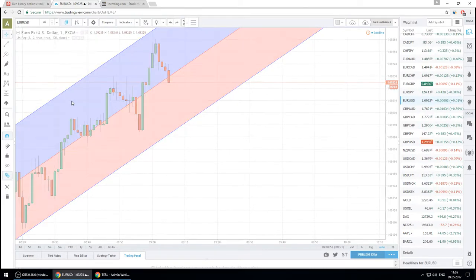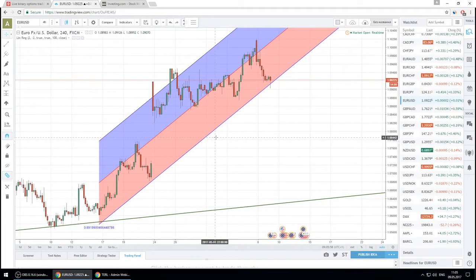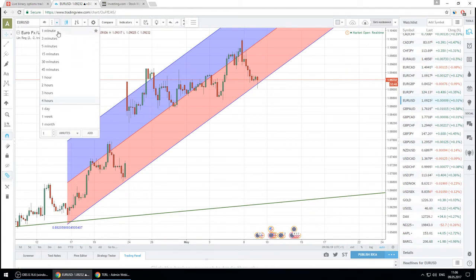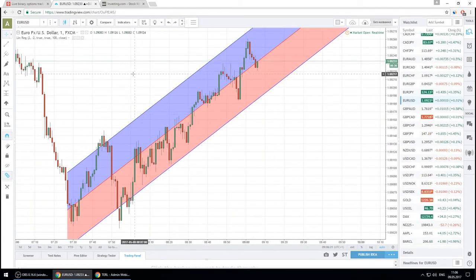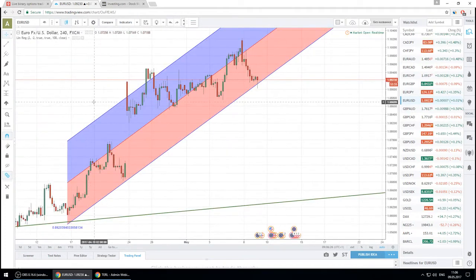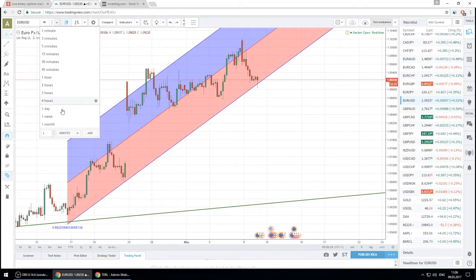If, let's say, we switch to the 4 hours time frame, here we will have another picture, another market, and of course the direction can be opposite. So here on the 1 minute time frame we have the downtrend, and on the 4 hours time frame we have an upward trend.